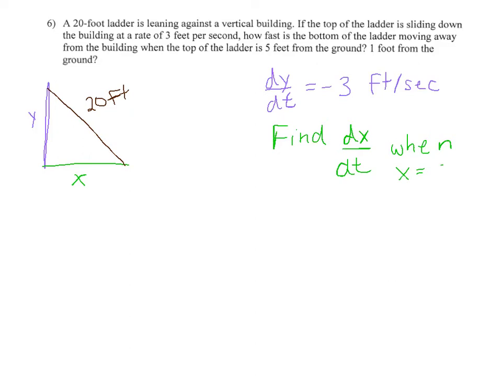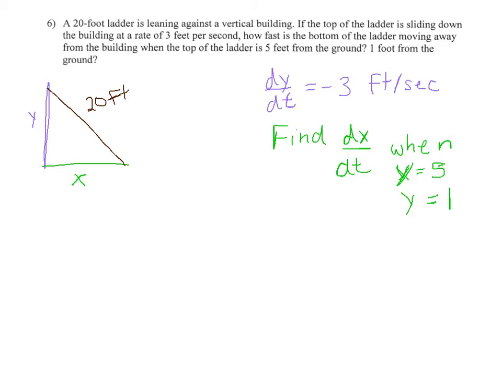Oh no, that's not what we're finding. When y equals 5. So let's change that x that I wrote down to a y. So when y equals 5, and then later when y equals 1.